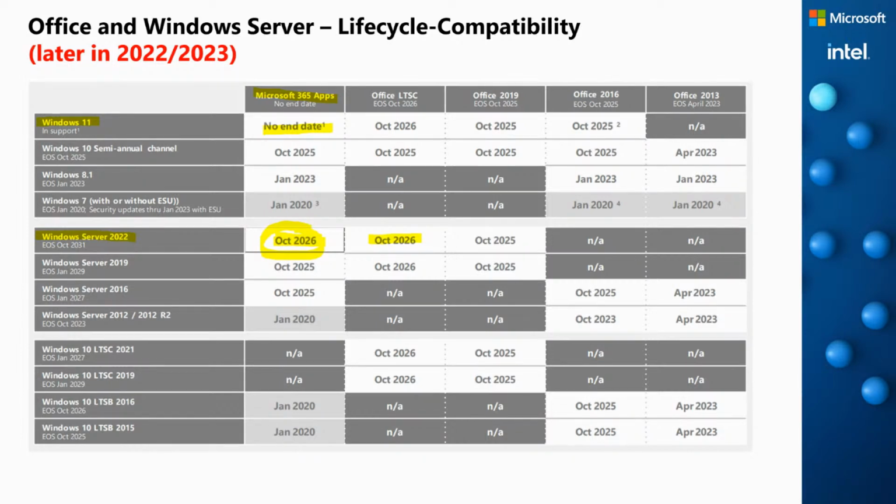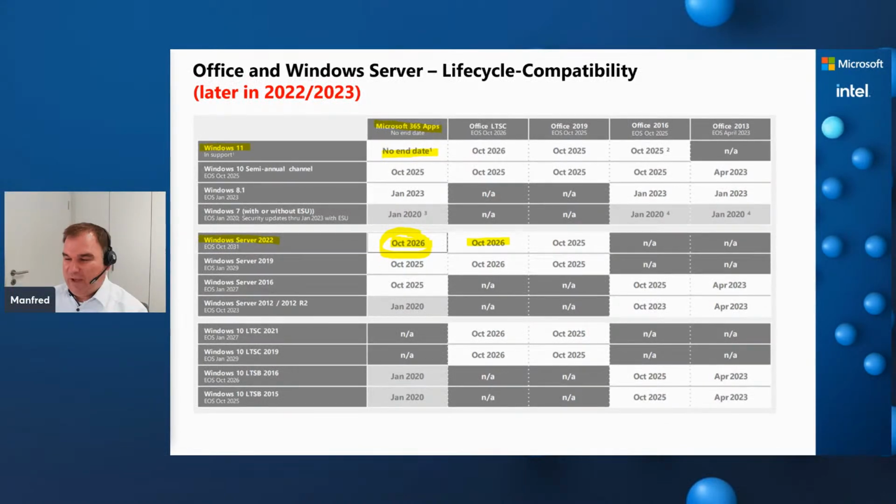This is my recommendation to have a look at this. But if you prefer to run the RDS the traditional way, then you will have the support later in 2022 or 2023. There's no final date in the list, but always keep in mind today it's only for testing. It's not supported for production environment.